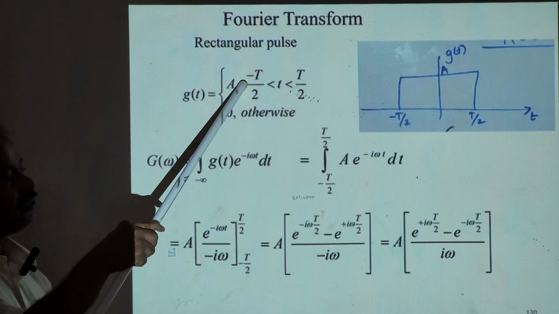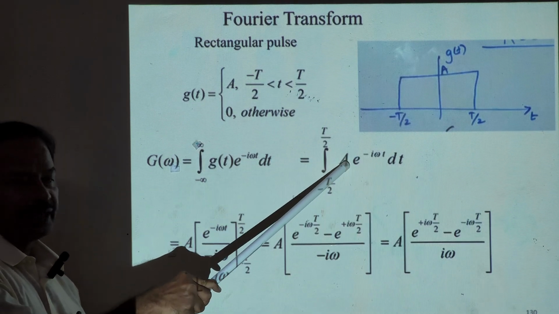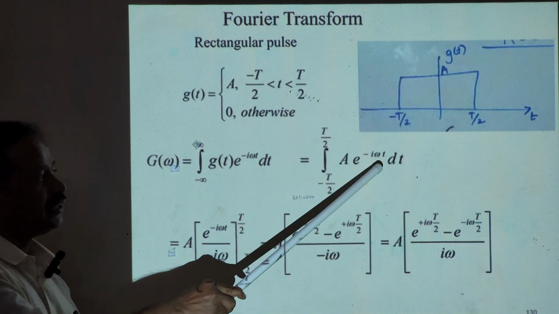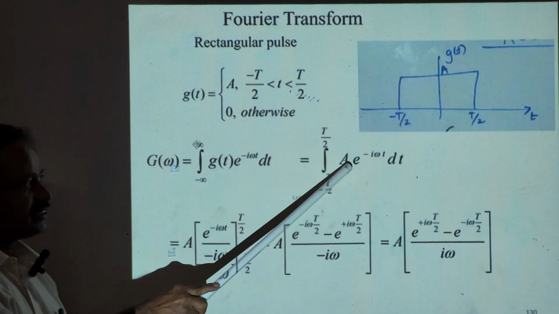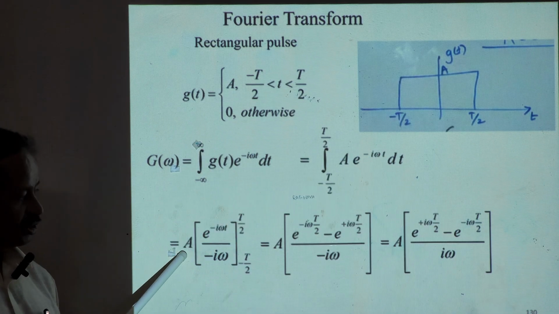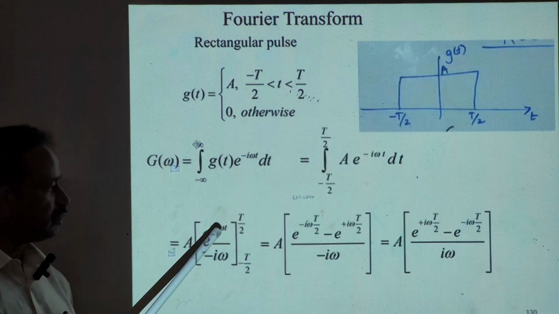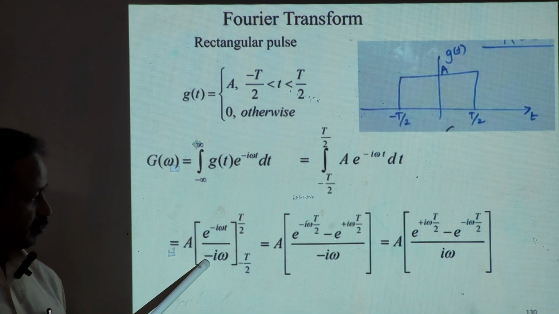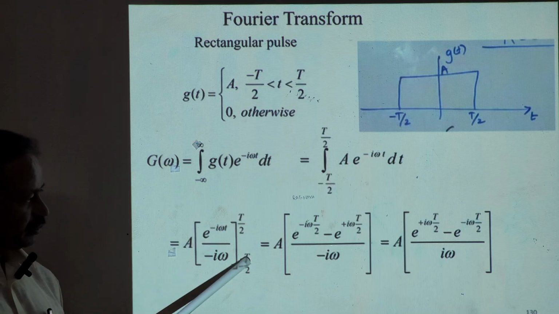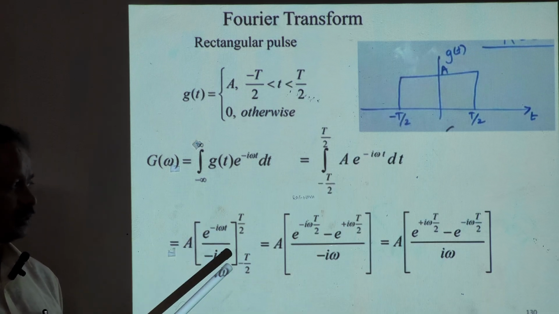So instead of g of t, you have to substitute A. So A e power minus i omega t dt between the limits minus T by 2 to plus T by 2. Just integrate, pull A out. You have pulled A out. Integrating, that will give you e power minus i omega t divided by minus i omega, between T by 2 and minus T by 2, upper limit and lower limit.